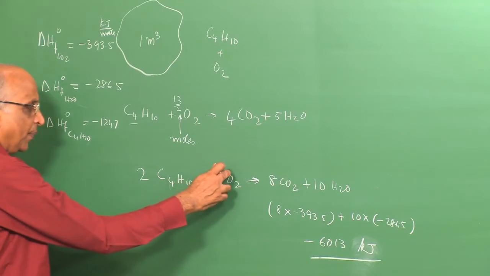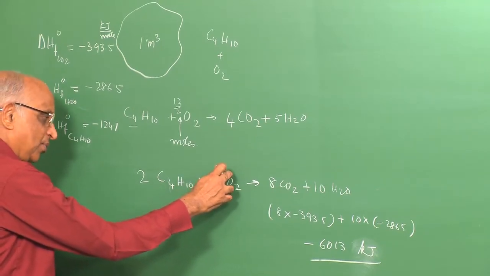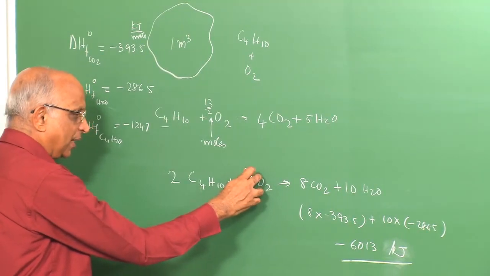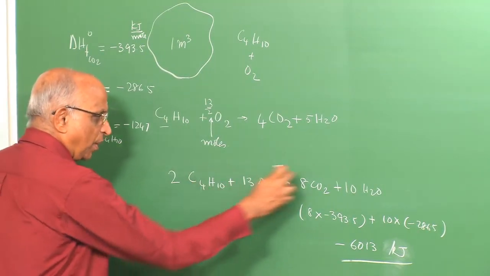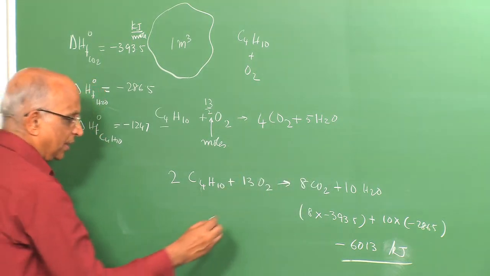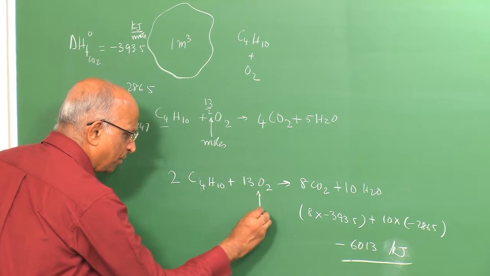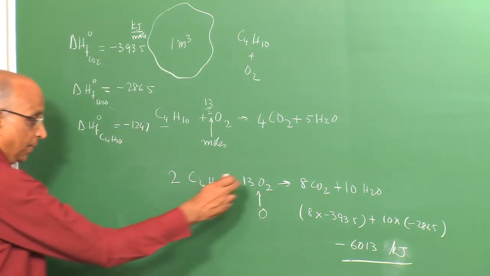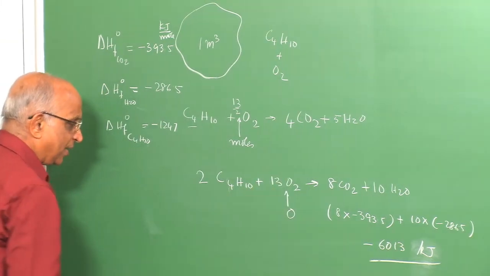Well, oxygen is a naturally occurring element and we define heat of formation with respect to naturally occurring elements. We presume both the products and the reactants are at the same standard condition. Therefore, the heat of formation of oxygen is 0, being a naturally occurring element at the standard condition.